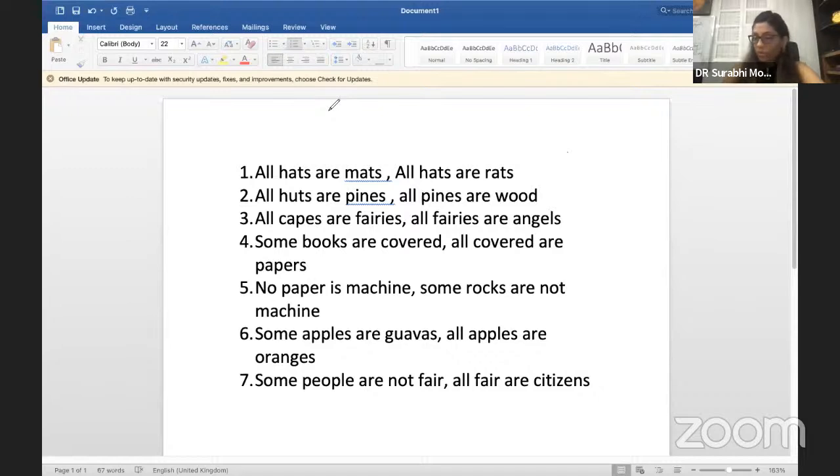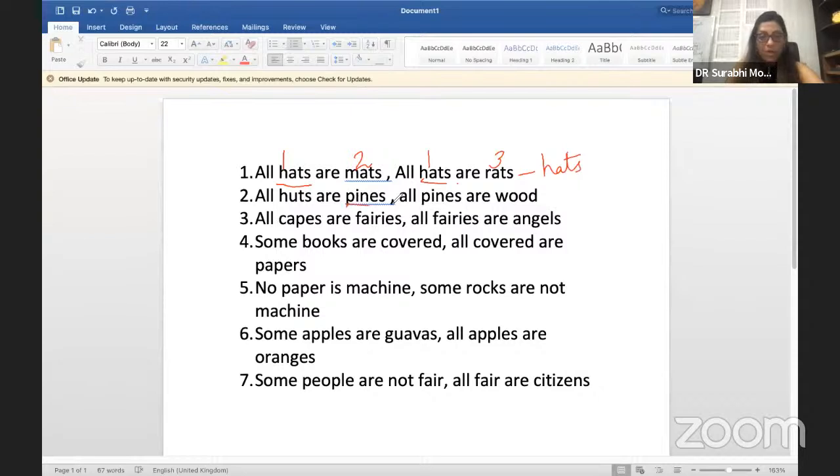So, I'm starting to get the answers. The term which is repeated in both the statements is known as the middle term, right? Which is the term repeated in both the statements. So if we call it 1, 2, 1 is repeated, and this is 3. So the middle term over here is hats, right?